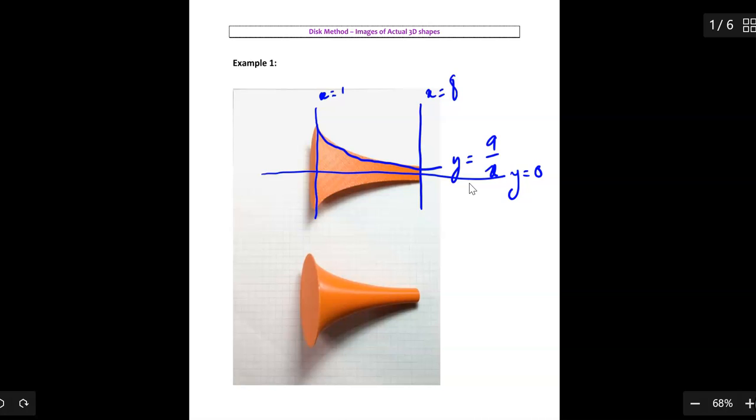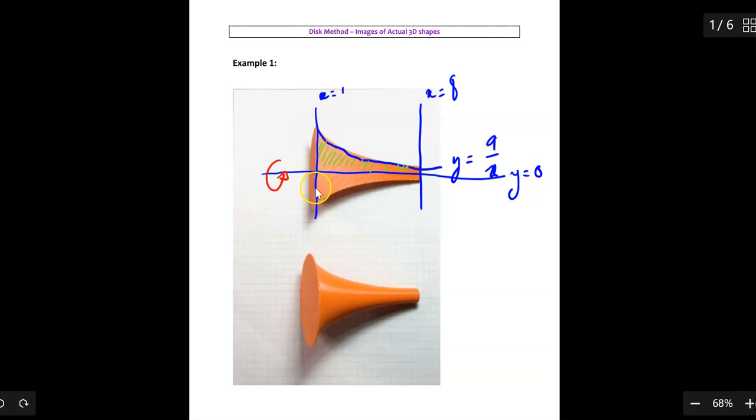The area that we are talking about is this area. Now I'm going to rotate this area about the x-axis, and then I generate this shape.